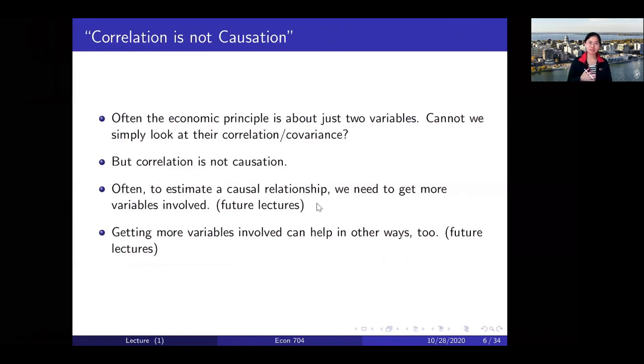And the effect of institution is usually also about two random variables, the institution and the outcome. So often the economic principle boils down to a relationship between two random variables. Can we just look at the correlation? Doesn't that tell us the story already?